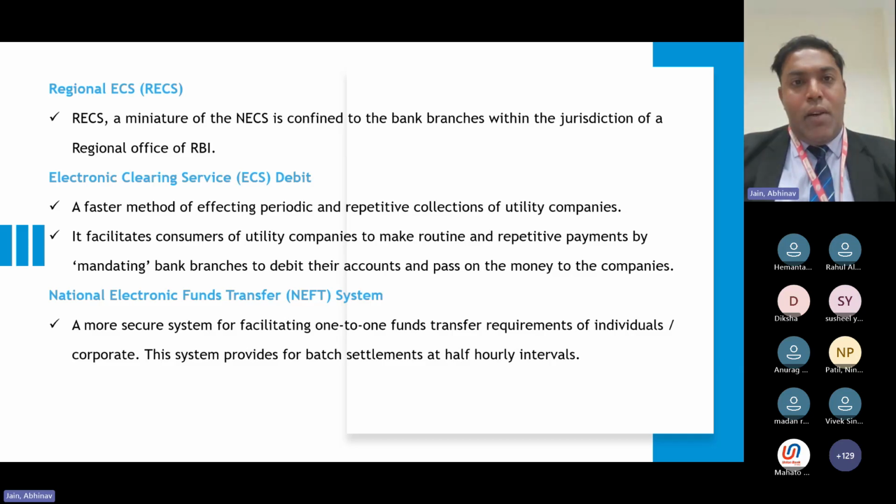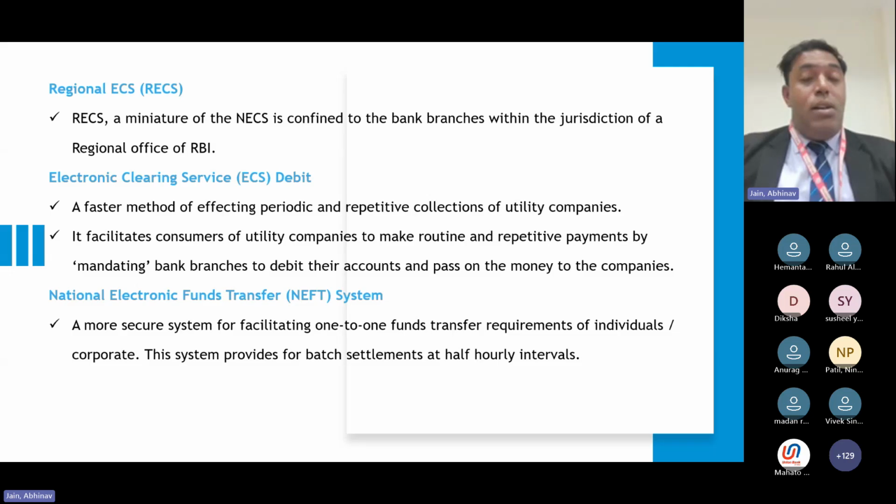Here, consumers of a utility company can make routine and repetitive payments by mandating the bank branches to debit their account and pass on the money to the companies. The best example is you can create a mandate in your payment app also for repetitive payment of your electricity bill or telephone bill. It is available in most of the payment apps.